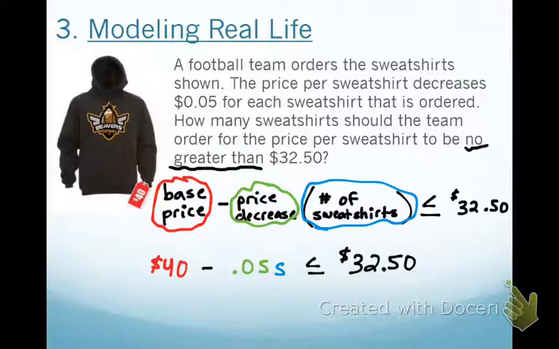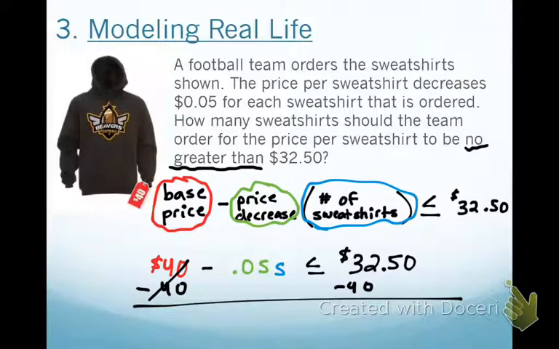What should I get rid of first? The $40. So minus $40 on both sides. I'm going to have negative 0.05S is less than or equal to, what is $32.50 minus $40? $7.50.